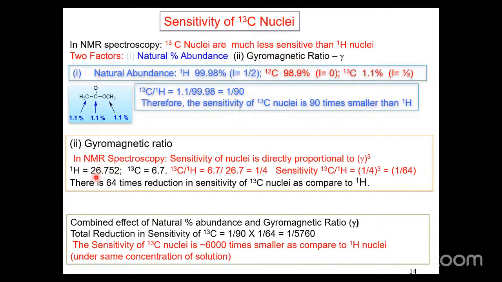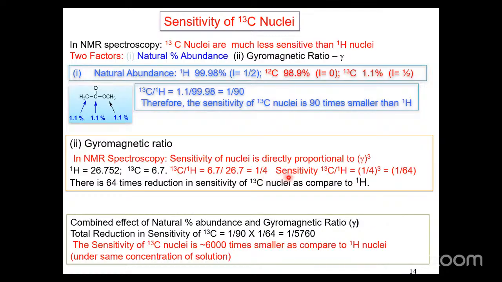The gyromagnetic ratio for the hydrogen nucleus is 26.7, and for carbon-13 it is 6.7. If you take the ratio of both these gammas, you will get 1/4. So the gyromagnetic ratio is 4 times higher in hydrogen compared with carbon-13.